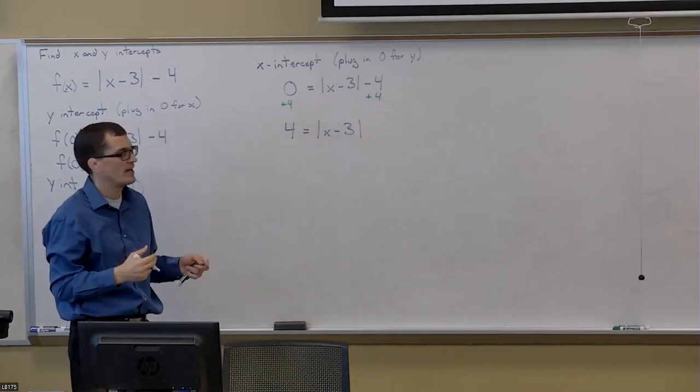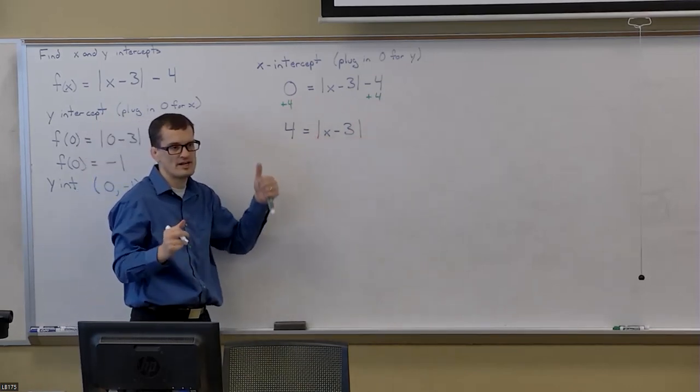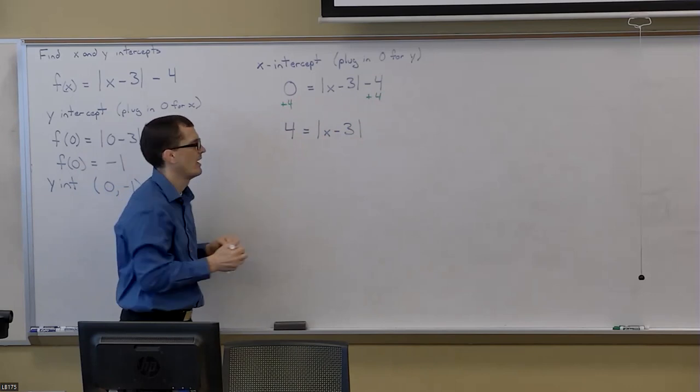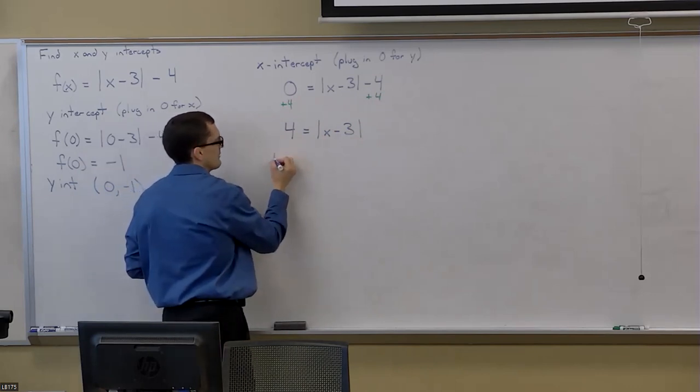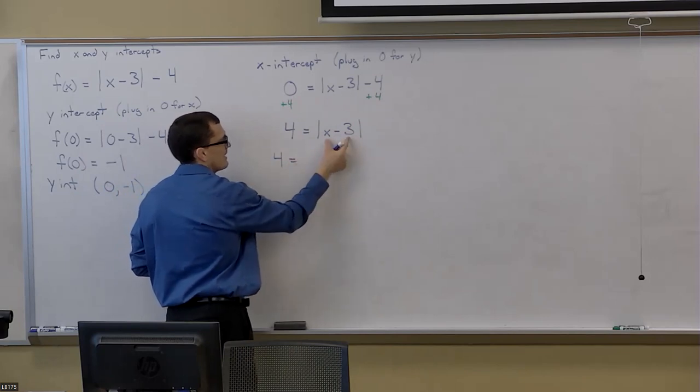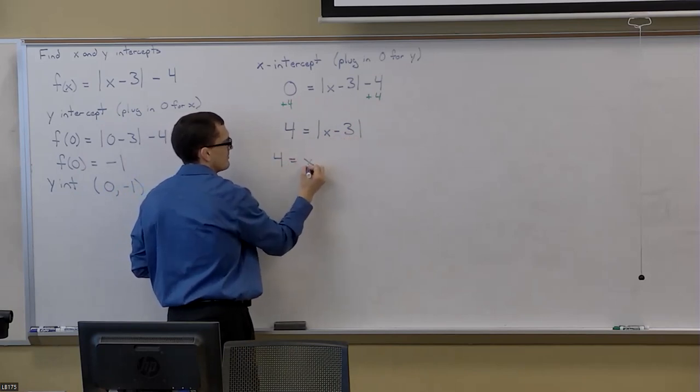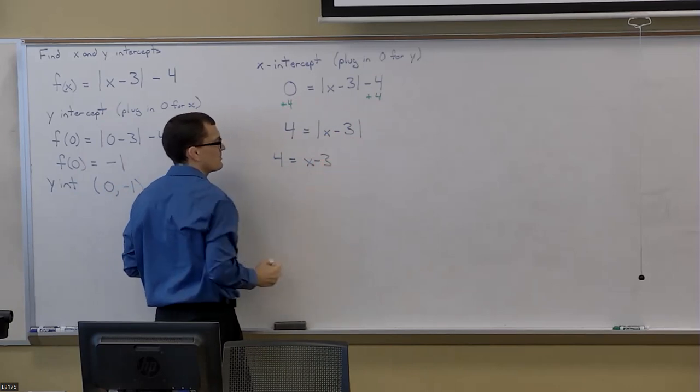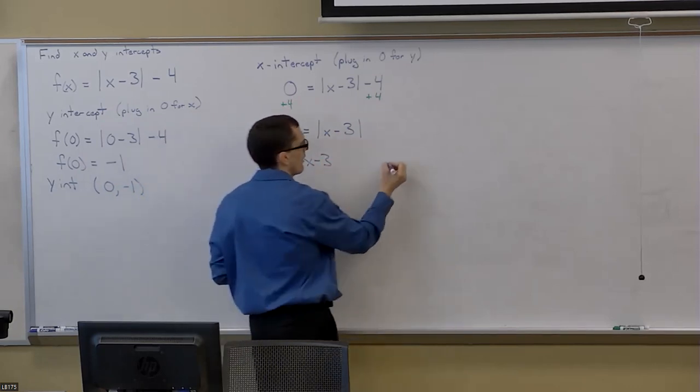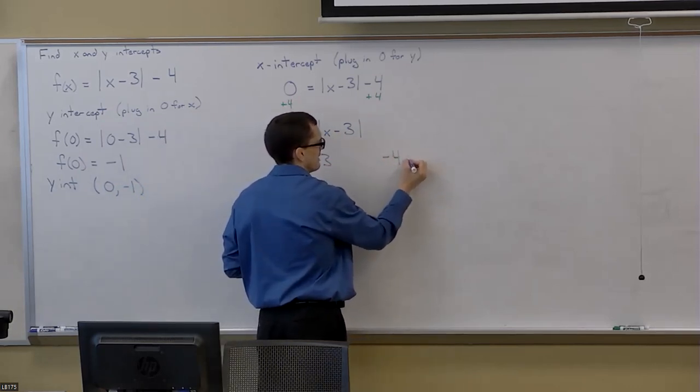Since this is an equal sign, and absolute value is equal to a positive, I can solve this one, right? So the thing inside is either positive, meaning x minus 3 itself is 4, or x minus 3 is a negative 4.